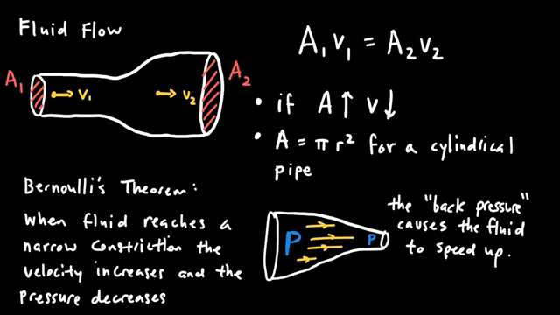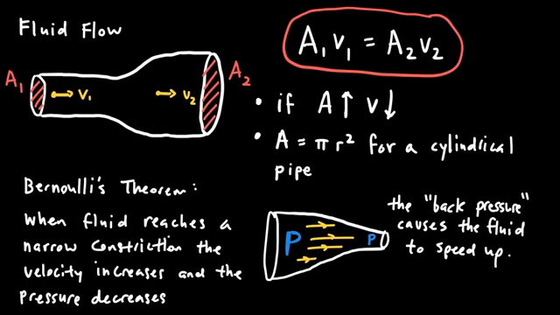The continuity equation relates the area of the pipe to the speed of the fluid, where the area would be in meters squared and the speed would be in meters per second. And we learned that if the area gets bigger, then the speed goes down. Or if the area gets smaller, the speed goes up. So there's an inverse relationship.